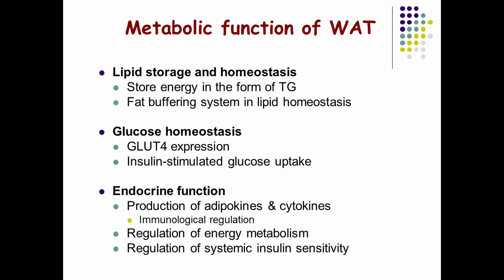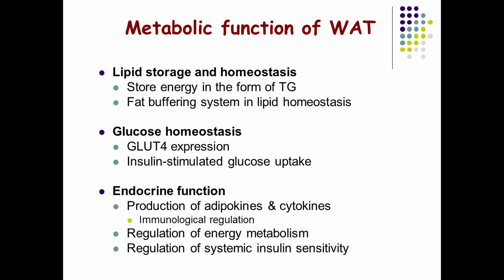Okay, now what is the metabolic function of white adipose tissue? We know that it stores lipids, right, and maintaining lipid homeostasis is the main important function of adipose tissue. And adipose tissue is also important to regulate glucose homeostasis. For example, GLUT4 expression level in adipose tissue is high, and adipose tissue is one of the tissues that take up insulin-stimulated glucose, right?